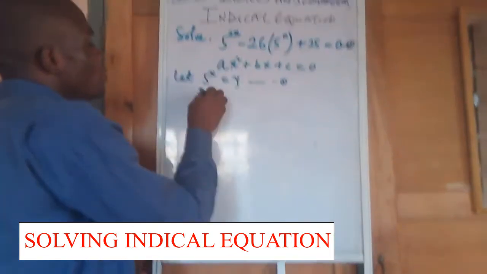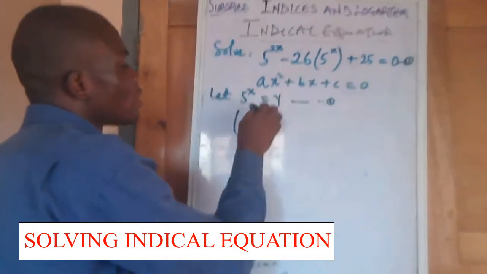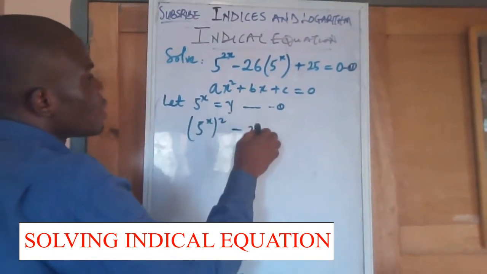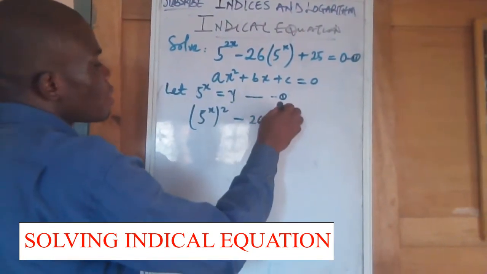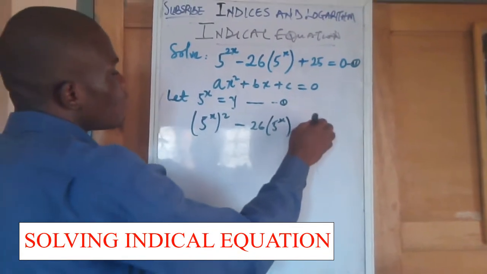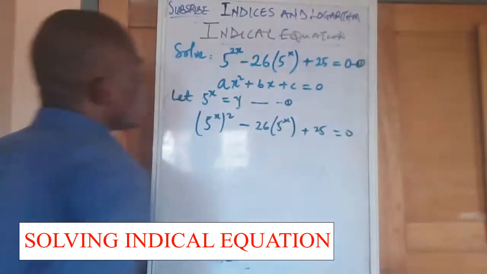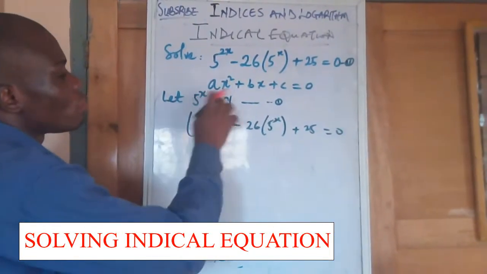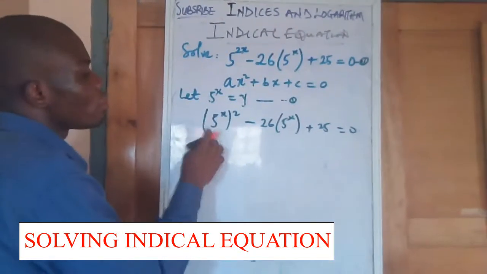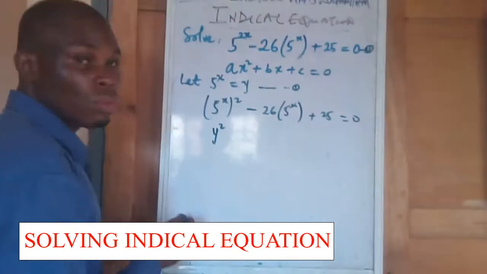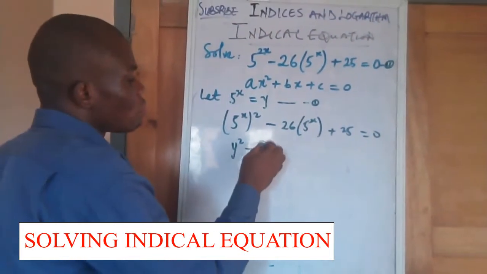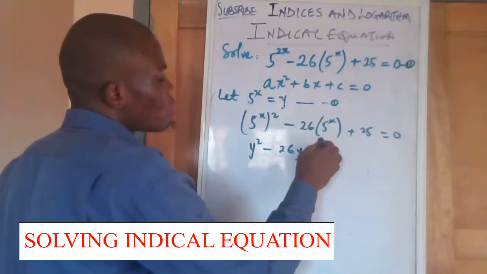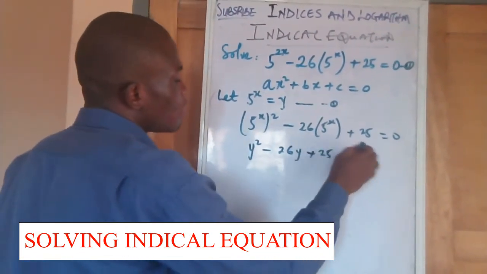The first term can be broken down to 5 raised to power x all raised to power 2, minus 26 times 5 raised to power x, plus 25 equals 0. Get it now? Now you can substitute for 5 raised to power x in this equation. So this one will become y squared minus 26y plus 25 equals 0.